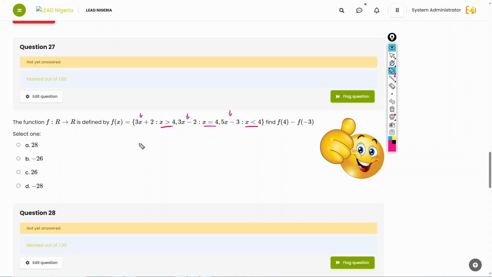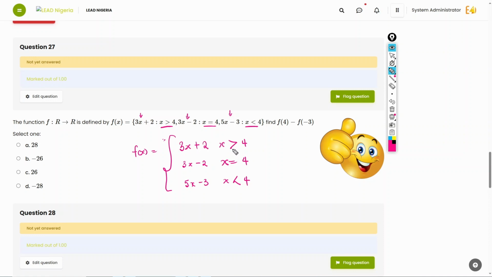Some books will write it this way. f of x is 3x plus 2 when x is greater than 4, it is 3x minus 2 when x is equal to 4, and it is 5x minus 3 when x is less than 4.